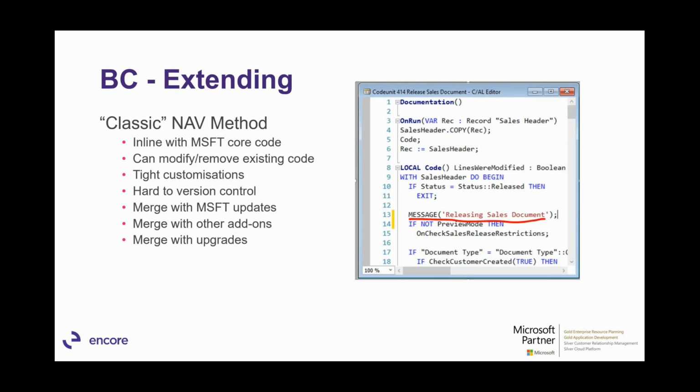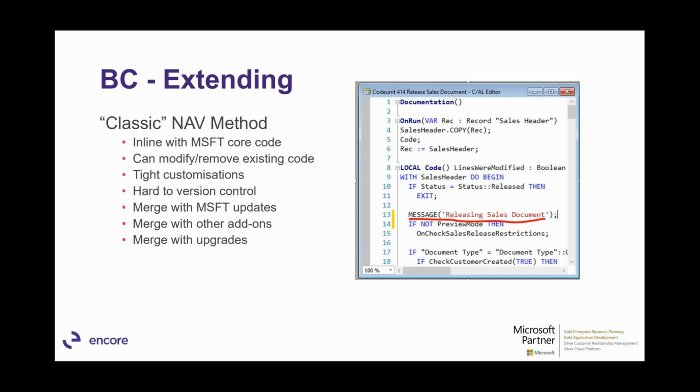So if we look at the classic way of doing NAV development, all your modifications were made in line with Microsoft core code. That allowed us to modify as well as remove existing code and obviously add on top of the Microsoft product. This allowed tight customizations, but made it very, very hard to do version control.